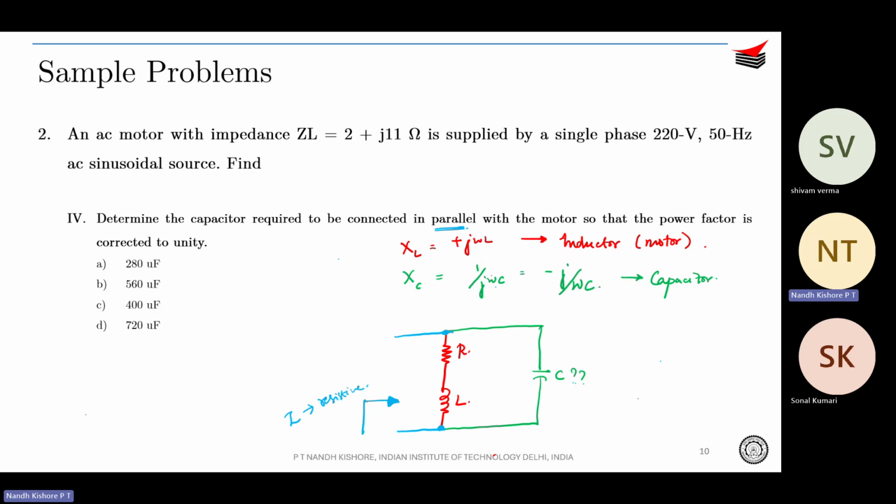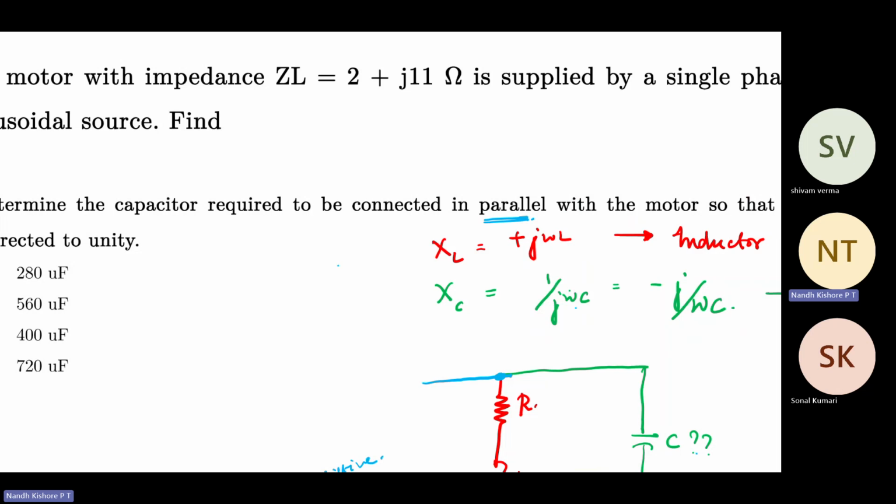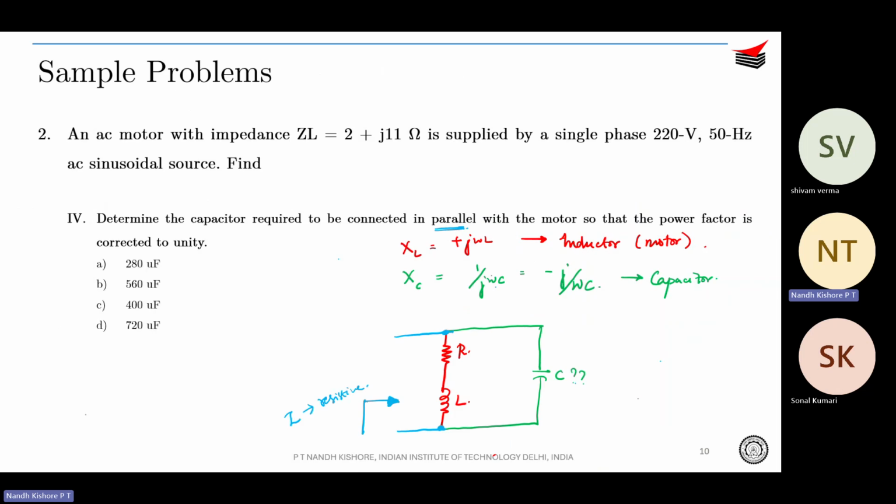It doesn't mean that the resistance answer would be 2 ohms. It means: what value of capacitor should I put in parallel so that I see an equivalent of a resistor? This capacitor should compensate the reactive part. Do you understand this problem?